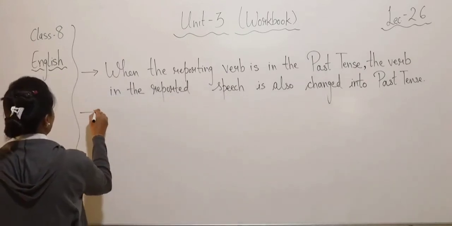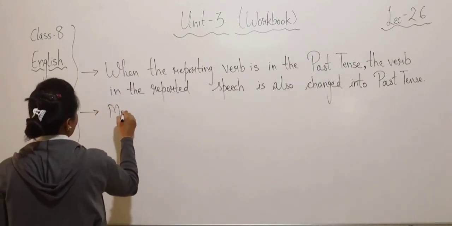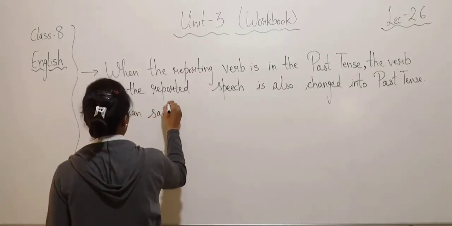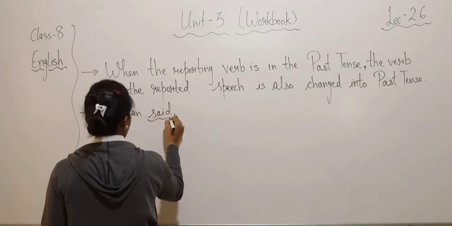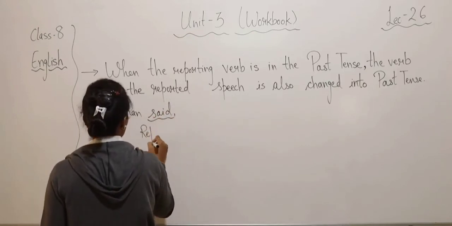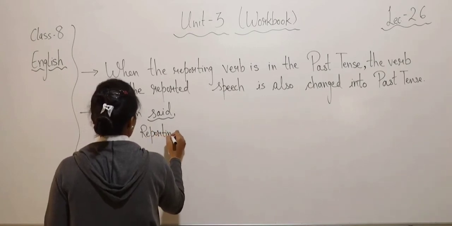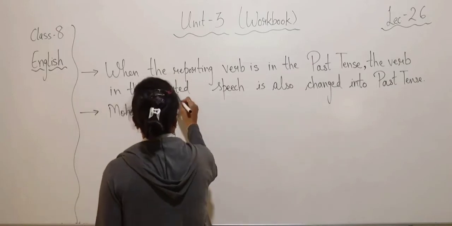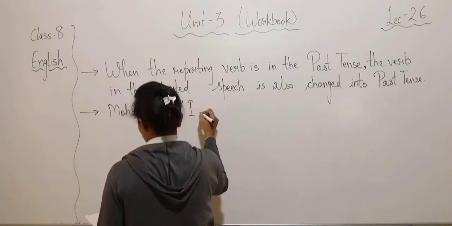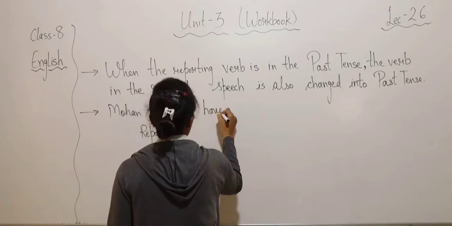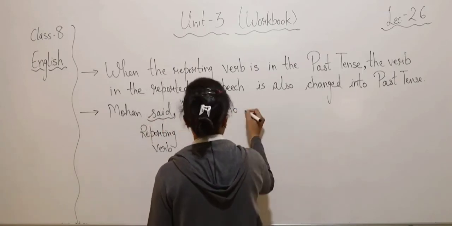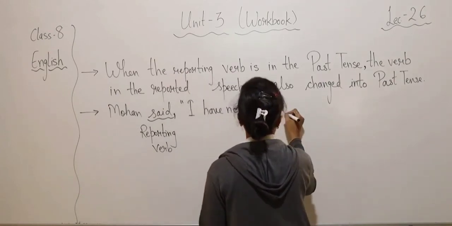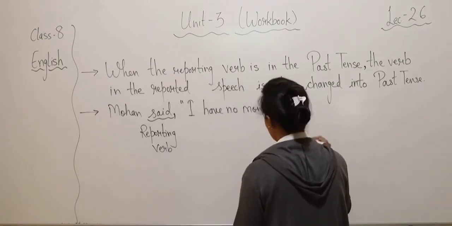Now, write down that example. Mohan said, here said is the reporting verb, comma, double inverted comma, what Mohan said, I have no money in my pocket.